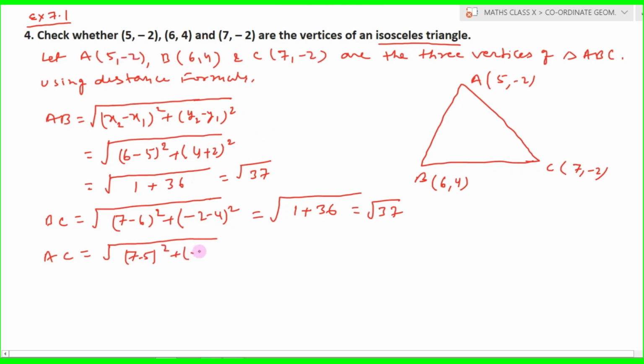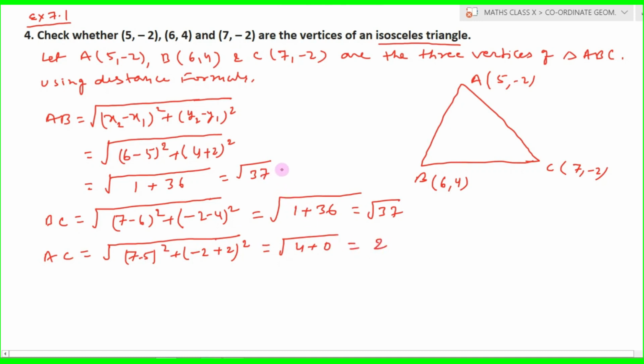So minus 2 minus again minus 2 becomes plus 2, whole square. So from here you will get 7 minus 5 is 2, 2 square is 4, plus 0. So this is your 2.